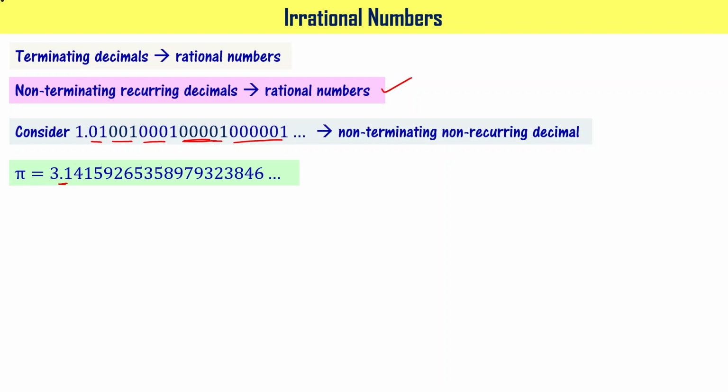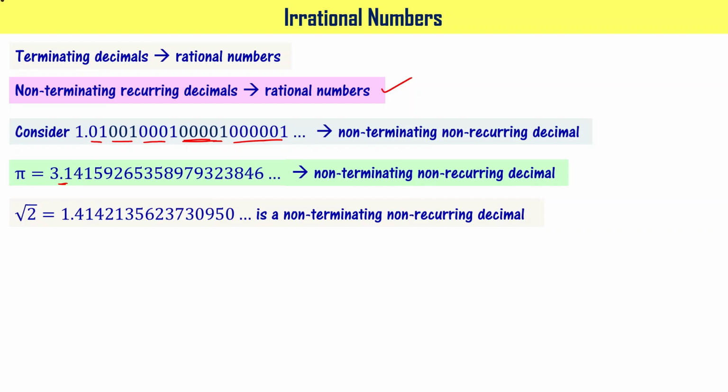It means it is a non-terminating decimal. At the same time, the digits are not repeating in a periodic manner. That's why this is also called non-terminating, non-recurring decimal. Please note this. Pi is a non-terminating, non-recurring decimal.